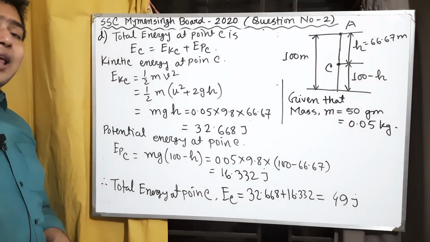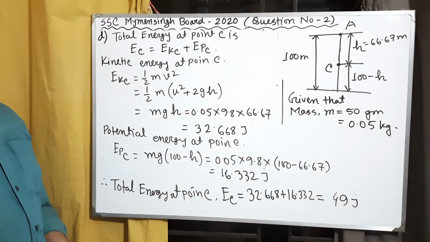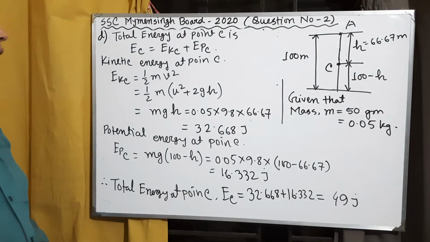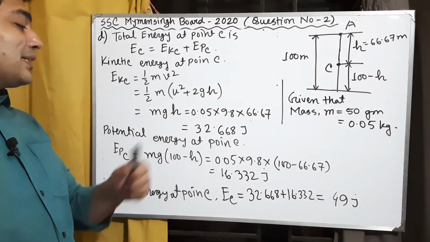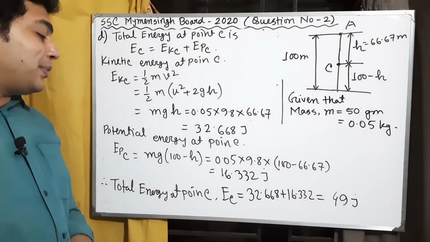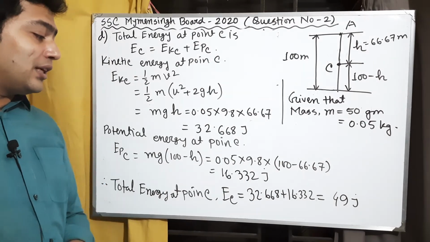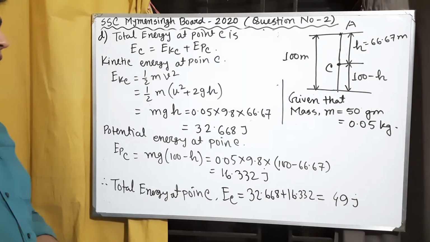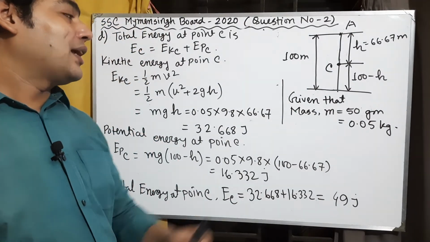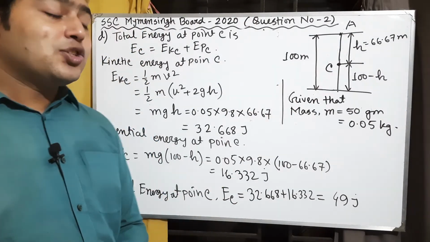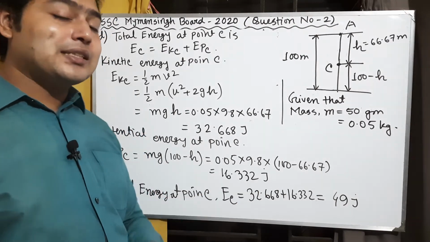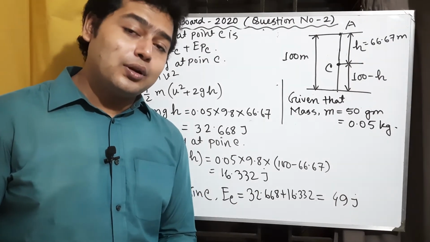So the total energy at point C is EC equals EKC plus EPC, which is 32.668 plus 16.332, and that is 49 joules. So at point C the total energy of this falling body is 49 joules.